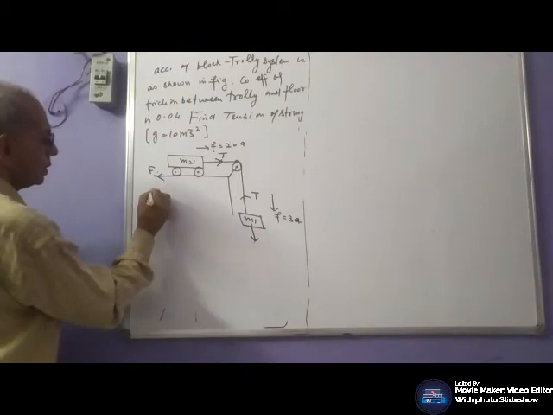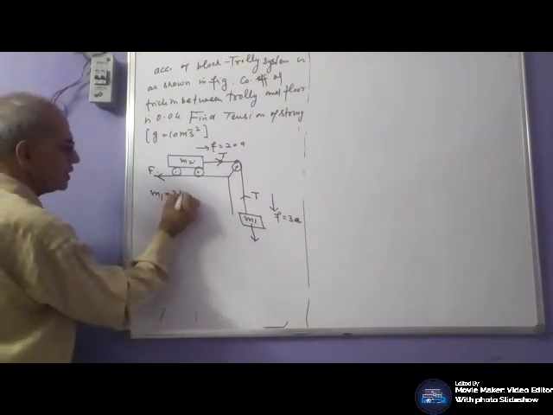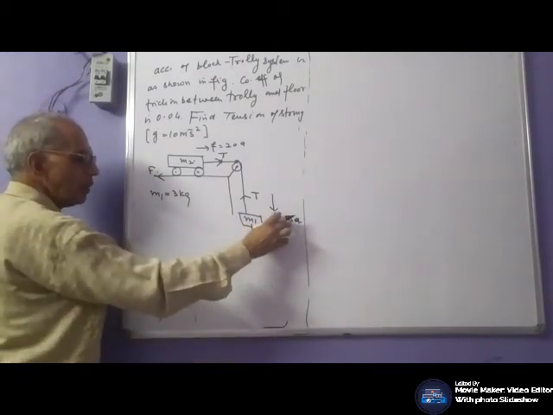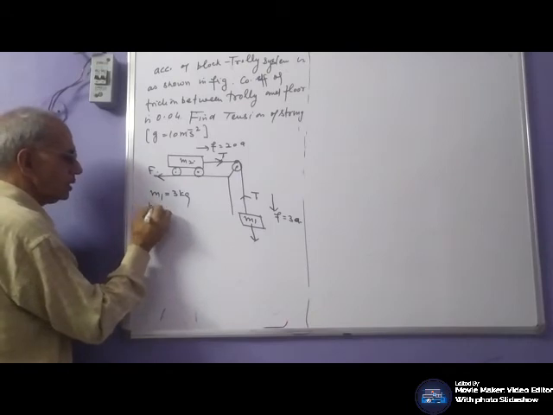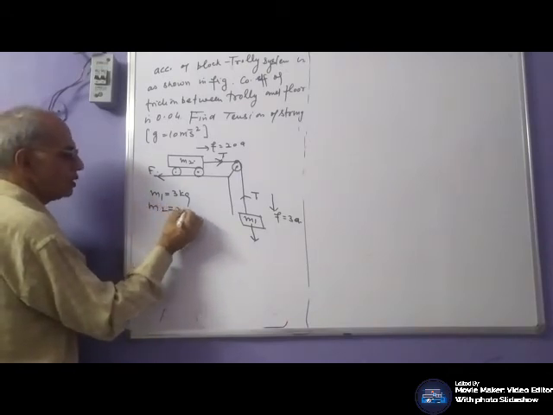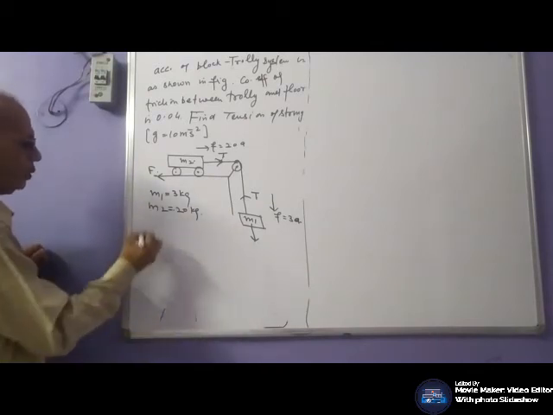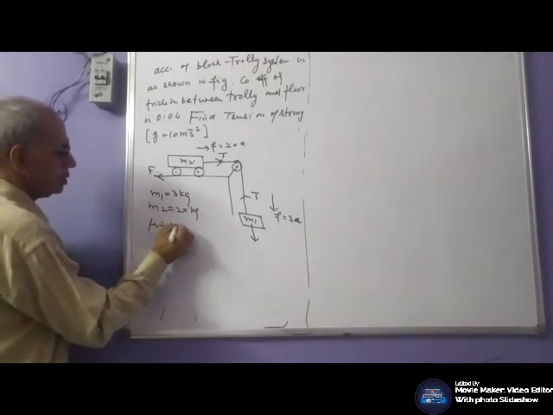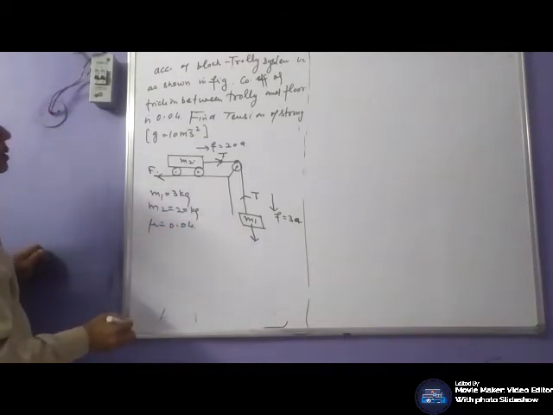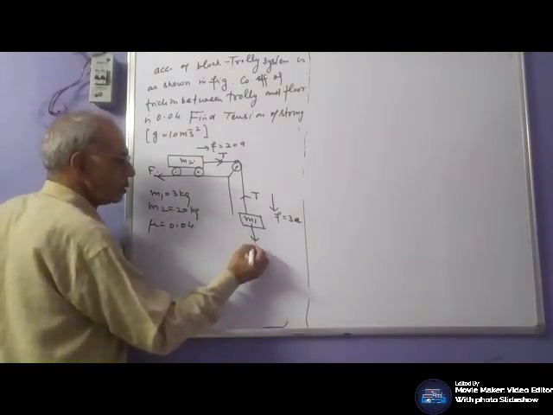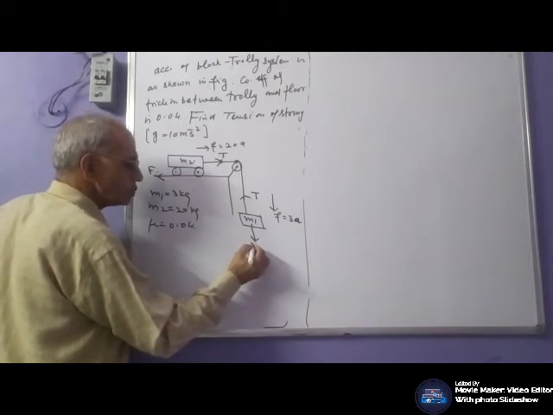What does it show? M1 is 3 kg. Ma, this is mass, this is acceleration. So M1 is 3 kg, M2 is 20 kg, mu is 0.04. Now here the force will be what?